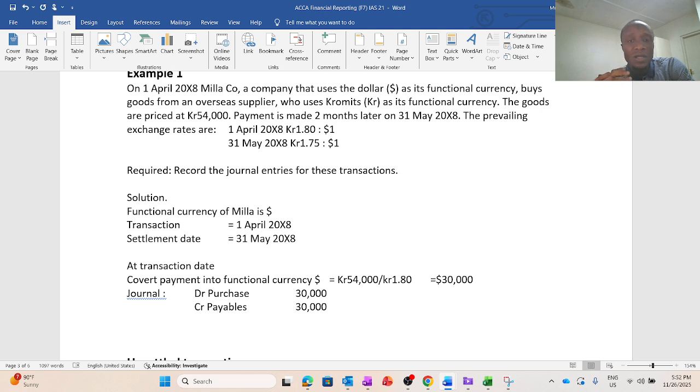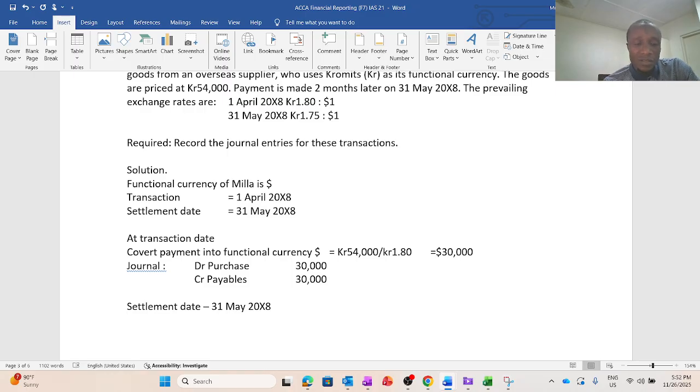So now, at the reporting date, the 31st May settlement date, which is the 31st of May 20X8, what are we going to do at the settlement day? Because this is the point in time that we are going to determine whether there is an impact from the foreign exchange changes.